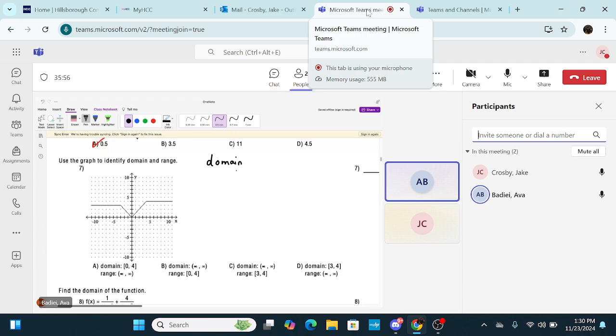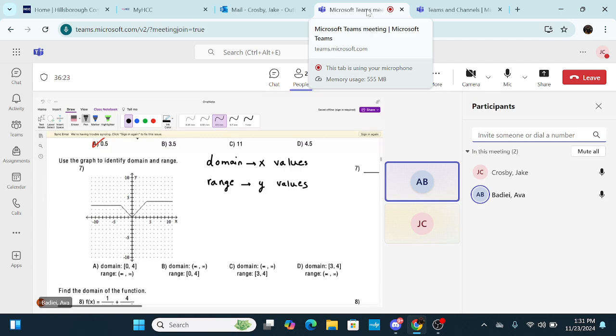Domain is the x values. Yes, that's it. So the domain always tells you what x values you can have for that function. And the range says all the y values that you have in that function.